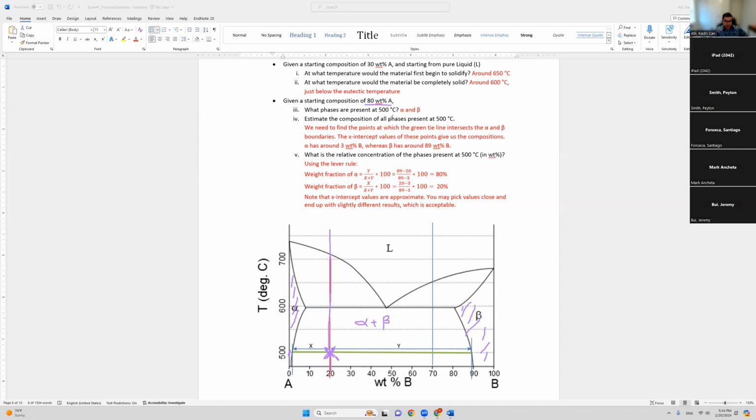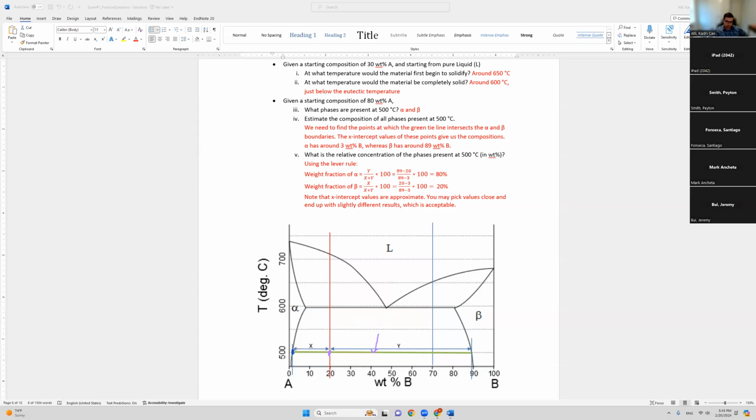Estimate the composition of all phases present at 500 degrees Celsius. So how do I find the composition of the phases? I start from this point, the intersection point. All I need to do is, first I draw this tie line, right? The green line is the tie line. And I find the intersects of this tie line at these solvus boundaries.